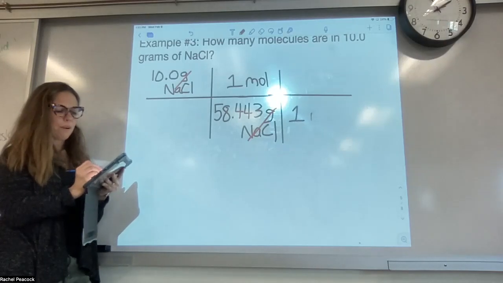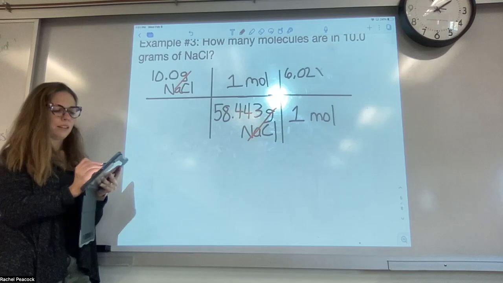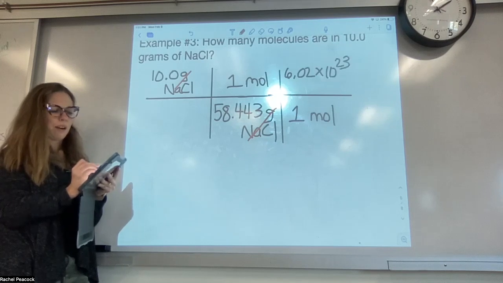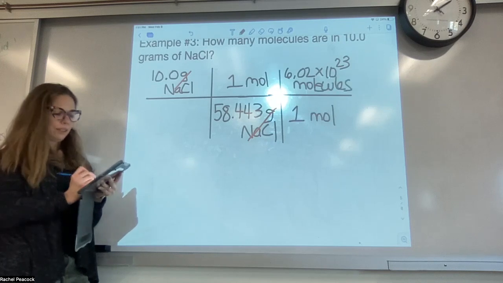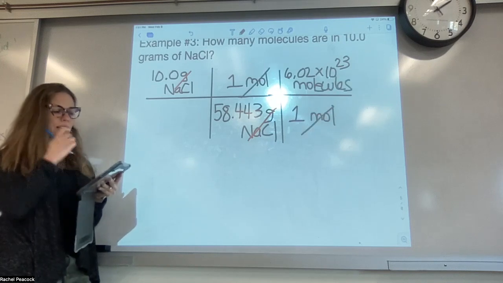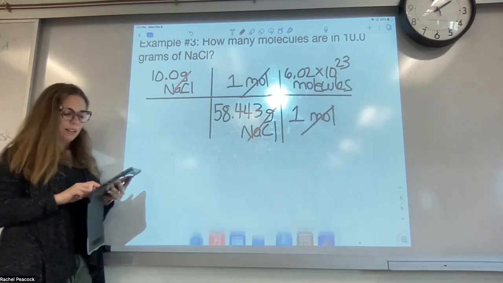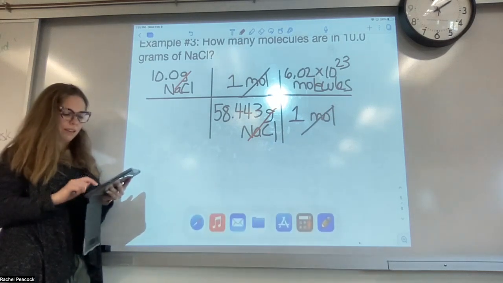I know that 1 mole is equal to 6.02 times 10 to the 23 molecules. Moles cancels. I have molecules, which is what I want. So now it's time to get out my calculator.